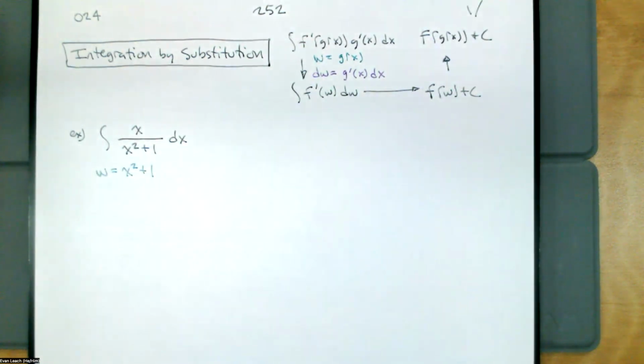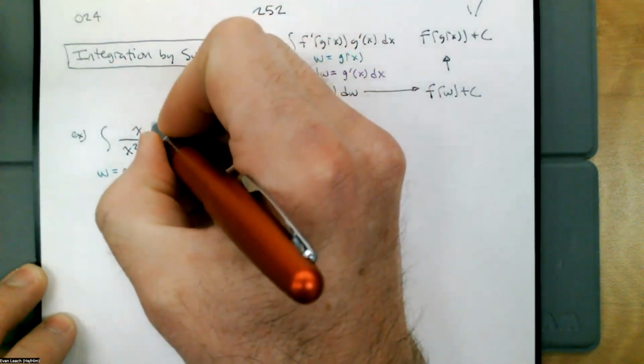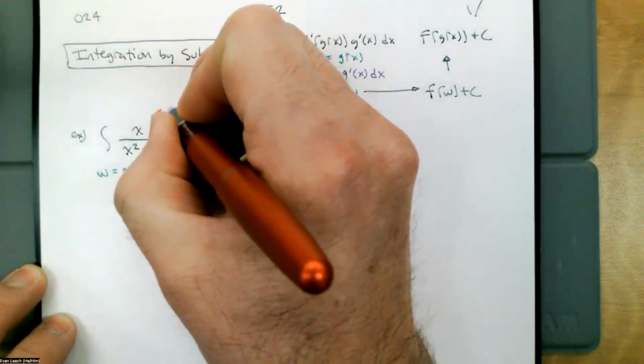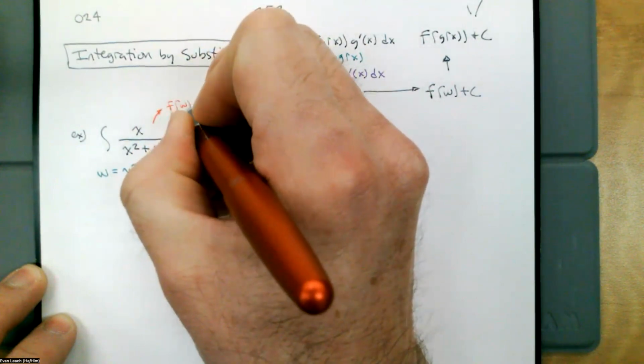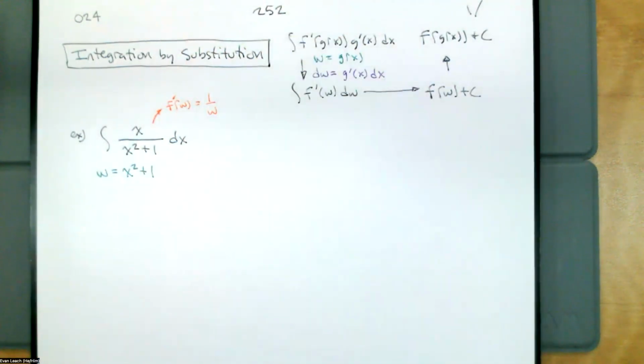If w is x squared plus 1, we're already thinking ahead to what we're going to be integrating: our f prime of w is going to be 1 over w. I'm thinking, if my inside function is x squared plus 1, what's it inside? It's inside the 1 over x function. That's where the natural log is going to show up.